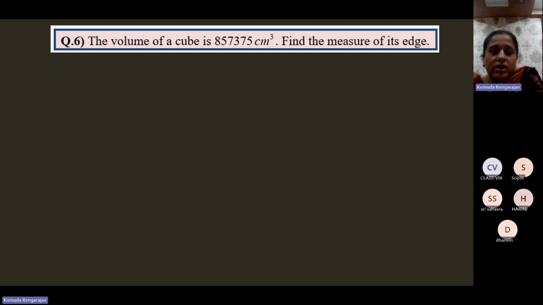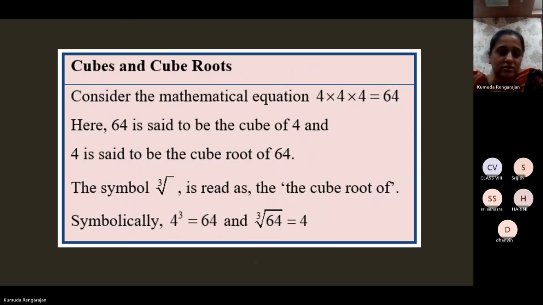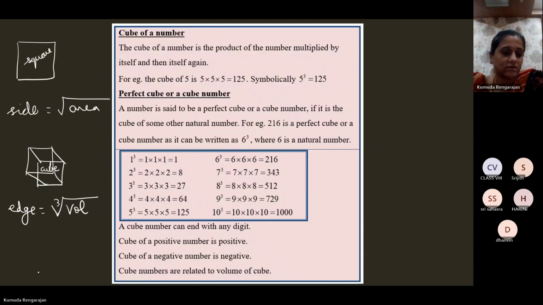Yeah, so we understood that a cube number is related to the volume of a cube. You saw that here, right? Cube numbers or perfect cubes are related to the volume of a cube.